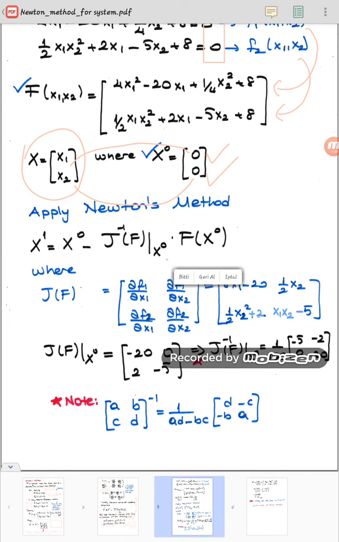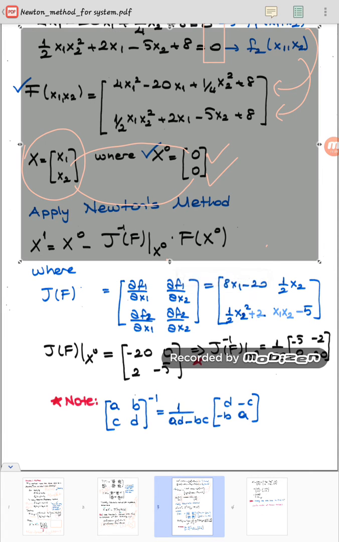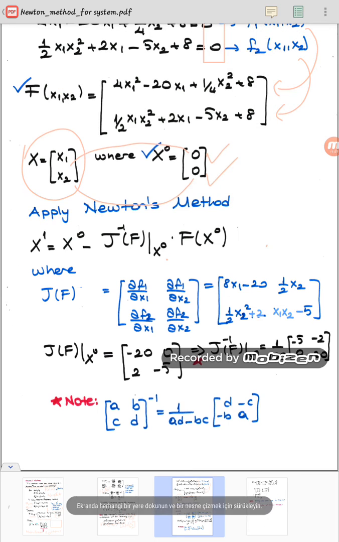Now, to obtain the Jacobian inverse, first of all, of course, we should define the Jacobian itself. Look here, I'm just applying the formalization of the Jacobian. We have known that our expression will turn to the derivative of f1 with respect to x1 first of all.